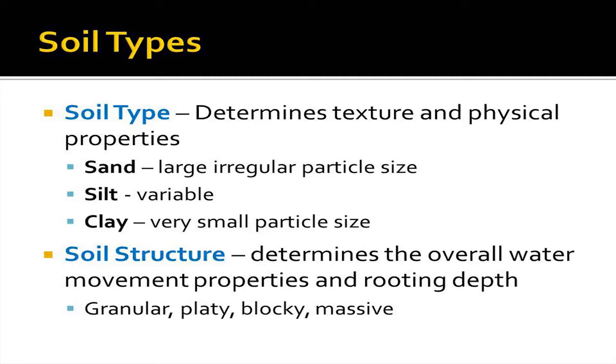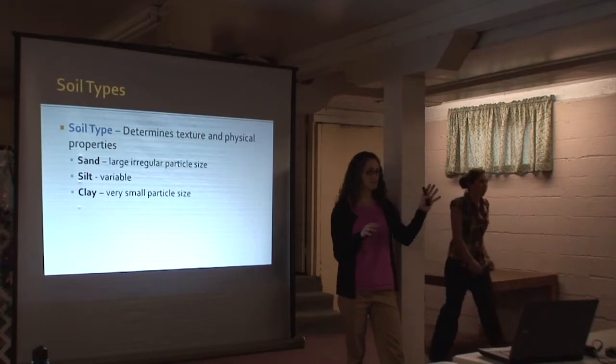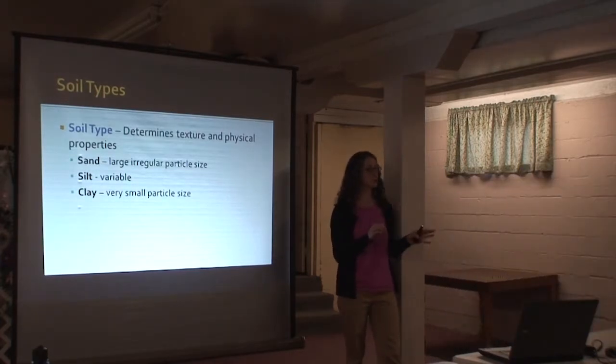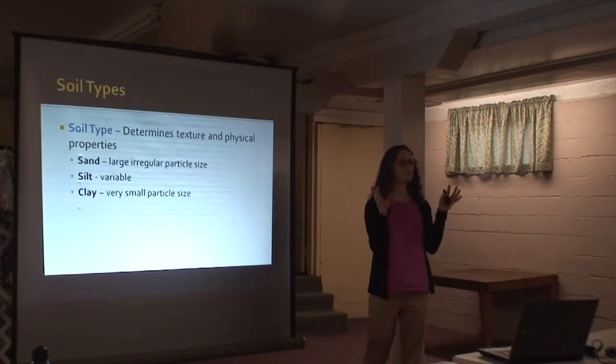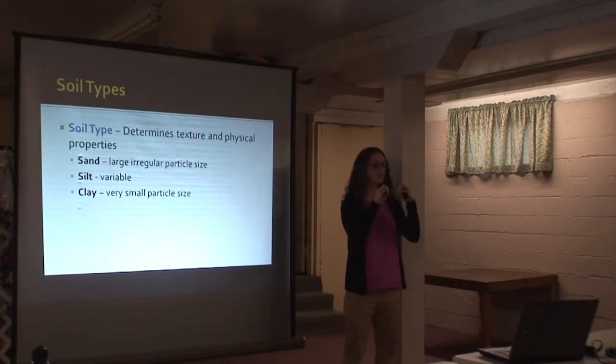So there's three main types of soil, if you will, and these determine your texture and the physical properties of that soil. So we've got sand, silt, and clay. Sand being, if you think about them just generally, kind of large, irregular particle sizes. So you're going to have a lot of pore space between those larger particles.